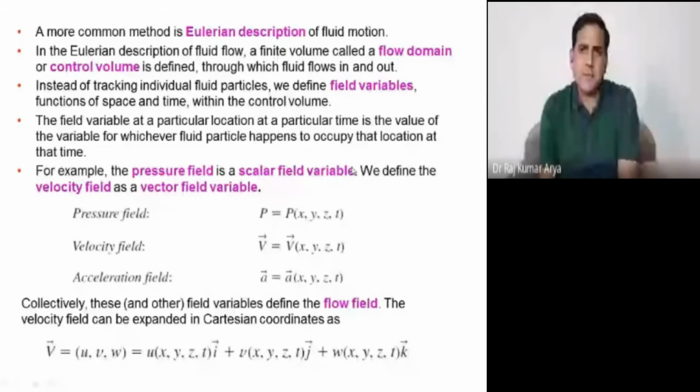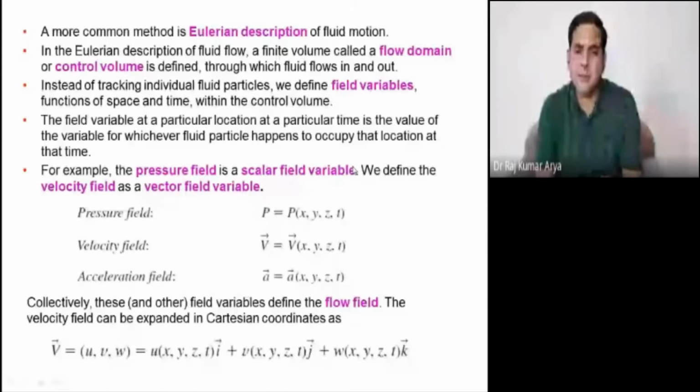So these are the three things you have in case of flow of fluid. Without pressure, the thing will not flow. So in case of the fluid you have these three main things: pressure, that is your driving force, then velocity, then acceleration.